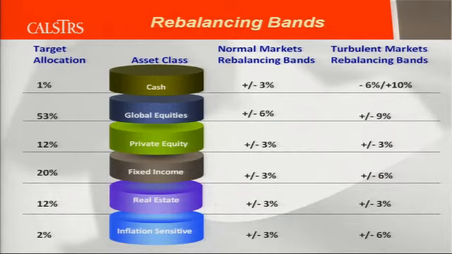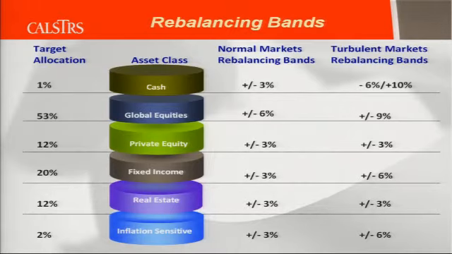So we talked to some of our peers and looked across the institutional space. What we found is that rebalancing bands are typically plus or minus 3 to plus or minus 6, so within this range. So we're well on the low end of the range.